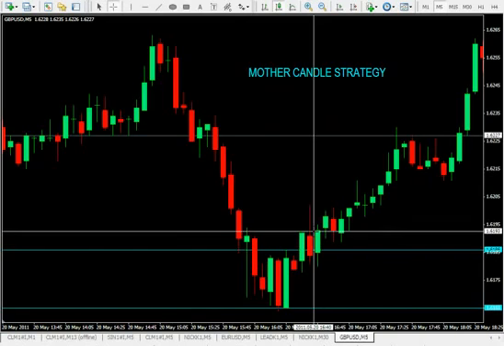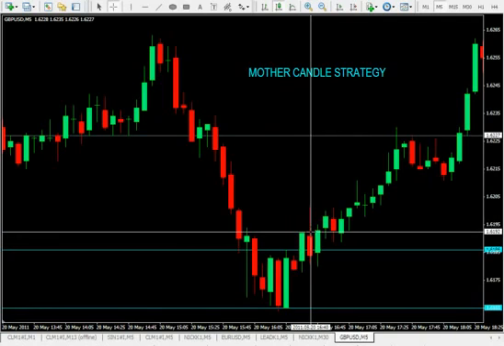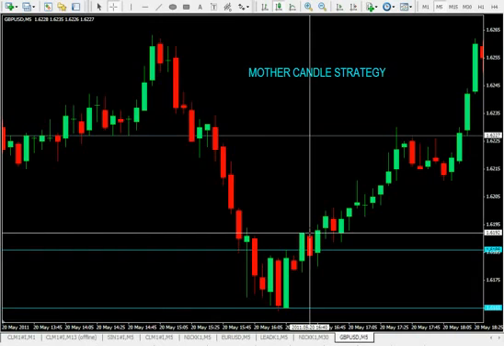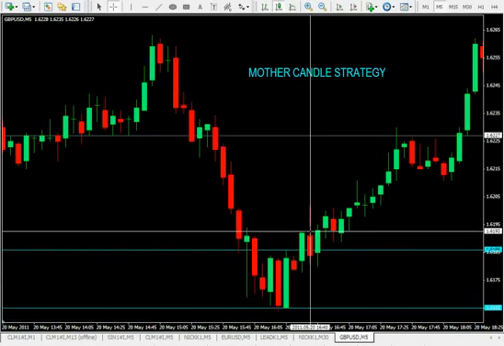I would recommend you to go for a 1 to 1 risk reward ratio. So our take profit level and our stop loss both will be 20 pips. So stop loss will be around 20 pips, so that will be 1.6173, and our target will be 20 pips, so that will be 1.6213. Yes, so in this case our target gets achieved.